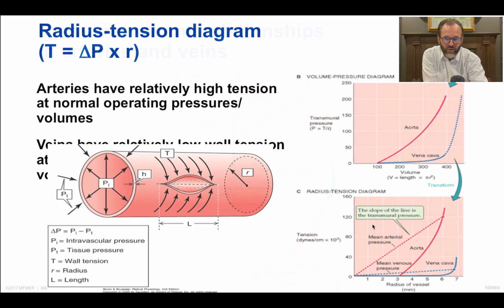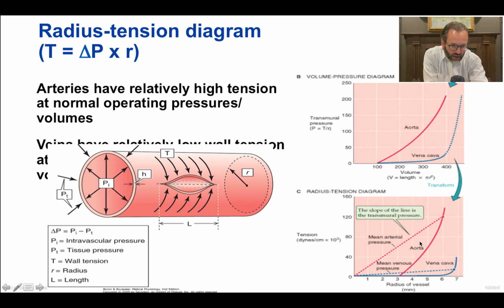And if we translate this one more time, so now if we have transmural pressure on the y-axis, if we convert that to tension, a radius-tension relationship, what you can see now is that arteries actually have a relatively high tension at normal operating pressures and operating volumes. And so you can see here, if we just take a given degree of tension, the aorta is having a much greater tension as compared to the vena cava at any given radius.